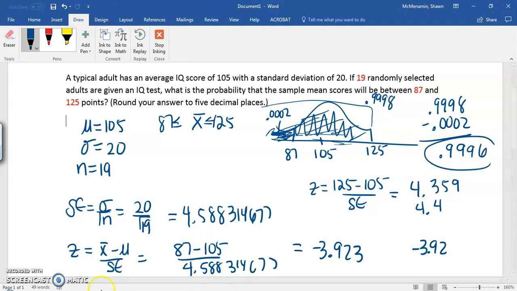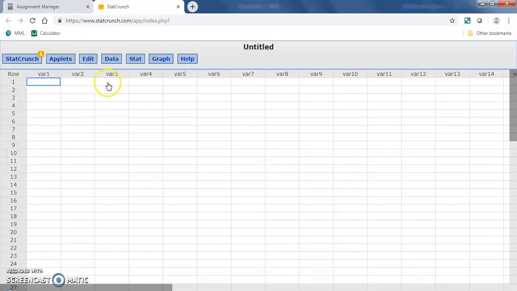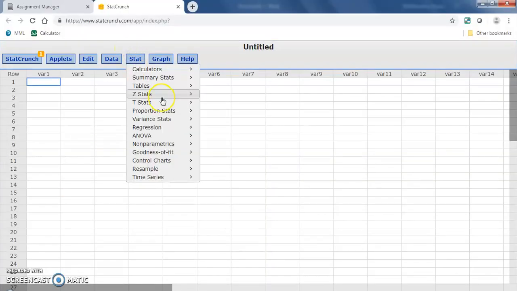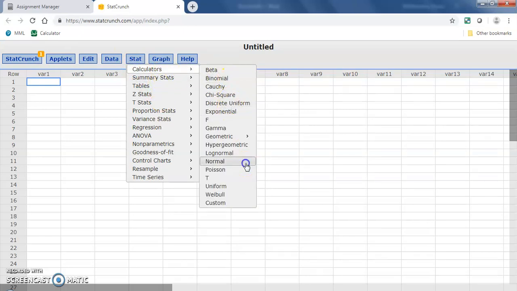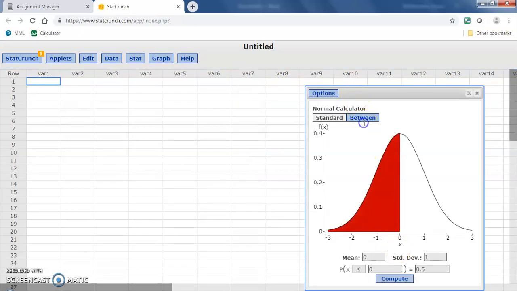But if you were using StatCrunch, and if WebAssign is not accepting it, you want to do Stat, then Calculators, Normal distribution, and we want the area between.